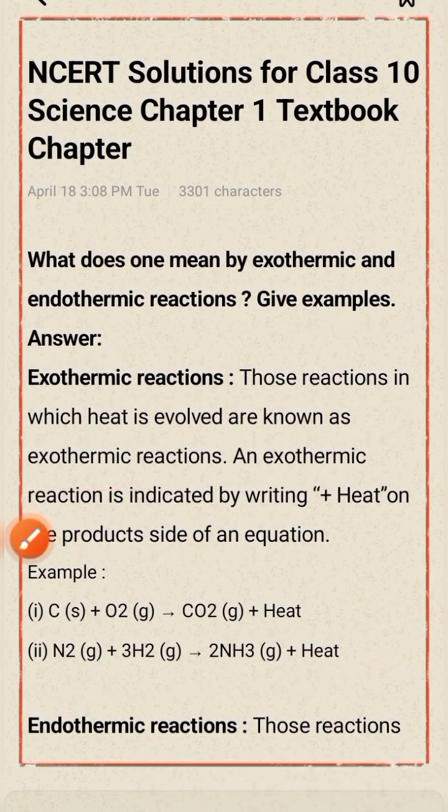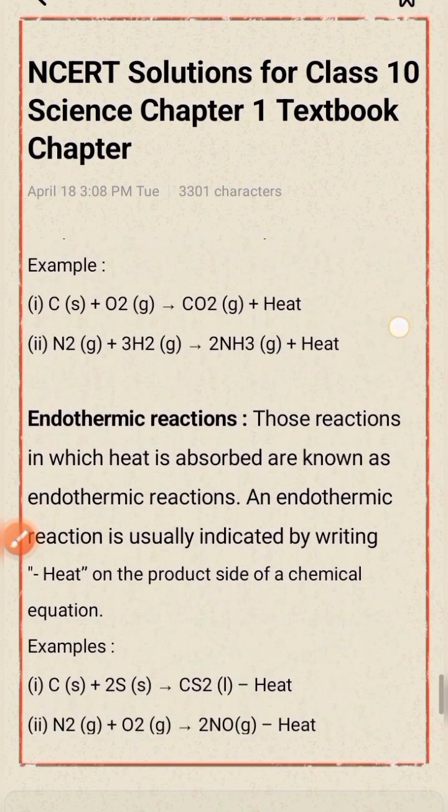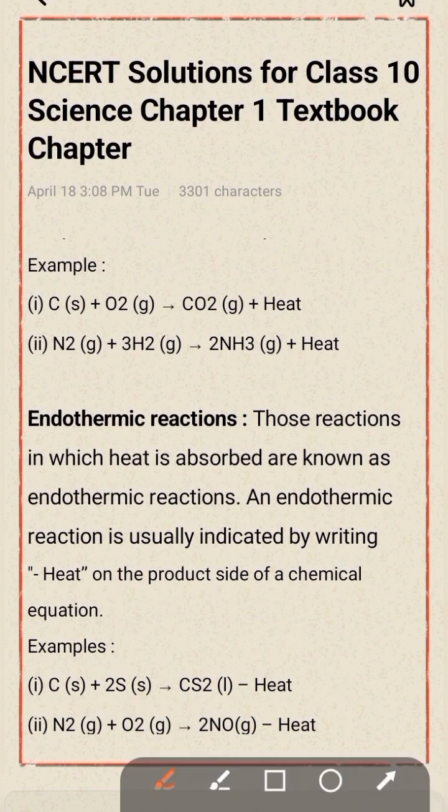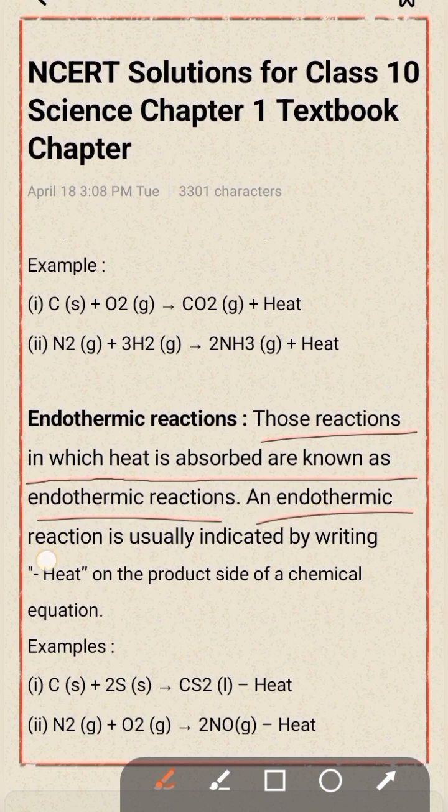Okay. Next type, endothermic reaction. Endo means absorb. Those reactions in which heat is absorbed are known as endothermic reaction. And endothermic reaction is usually indicated by writing negative heat on the product side of a chemical equation.